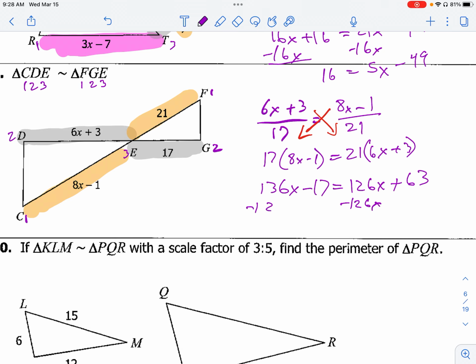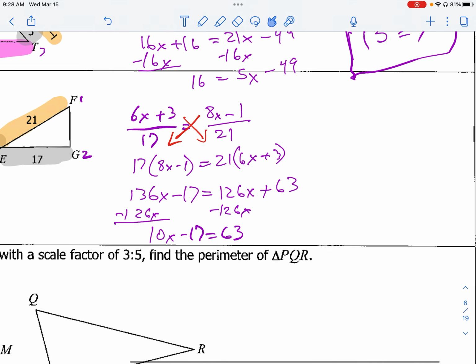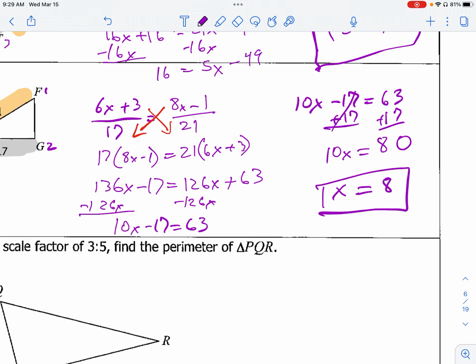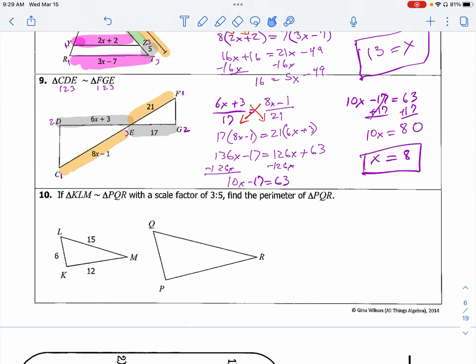Let's get the x's on the same side. Let's make some more room. All right, now that we've done that, we can get the x by itself. And we end up with x equals 8, just like you did. So we're doing well.